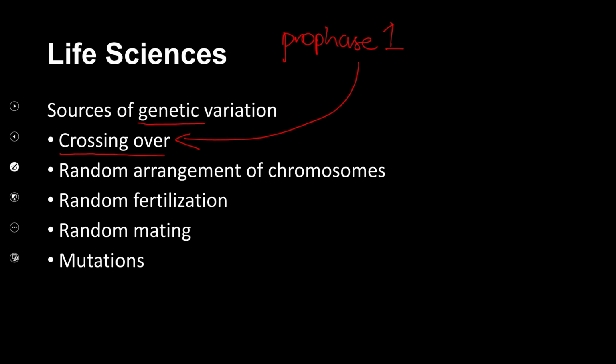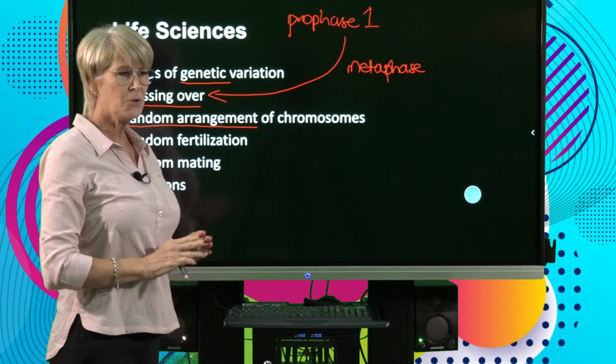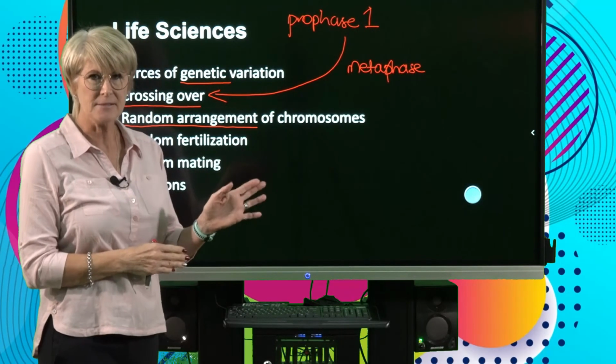The second place where genetic variation occurs is when the chromosomes line up on the equator during metaphase. In this phase of meiosis, they line up at the equator randomly. There isn't a set pattern.